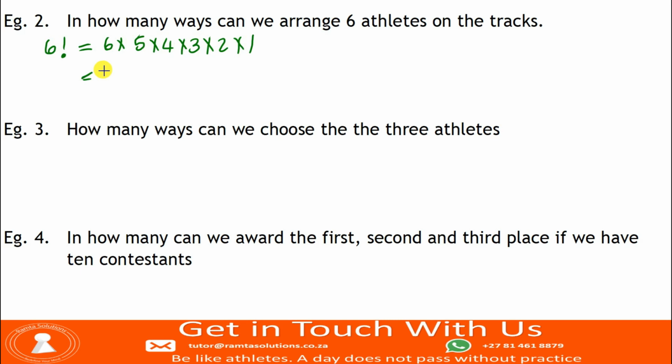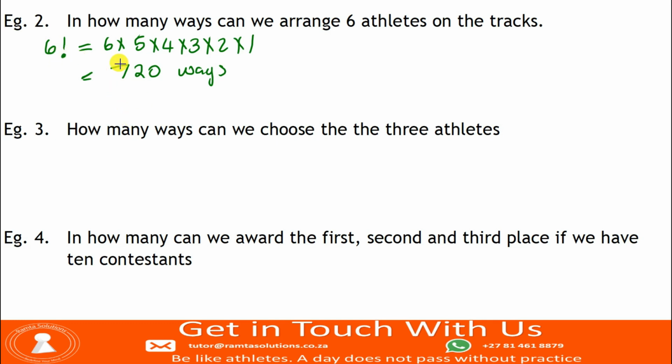Take out your calculator and say 6 factorial. This will be 720 ways. So there are 720 ways in which we can arrange our athletes.